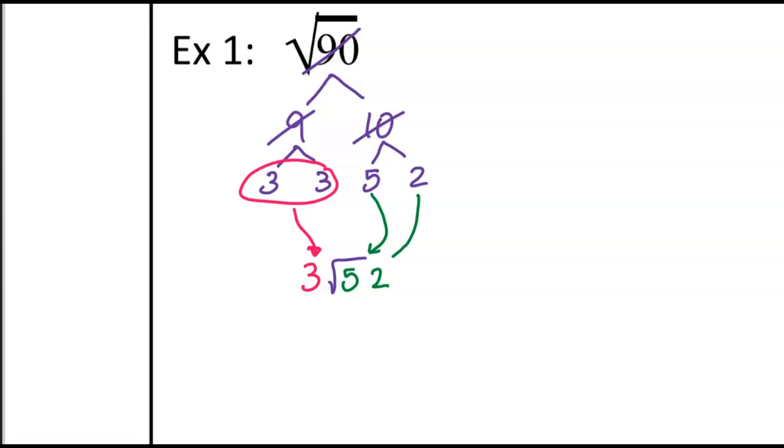And if there's more than one, what do you do to them? You multiply them. So what is 5 times 2? 10. So my simplified radical is 3 square root 10. That's as simplified as it gets.